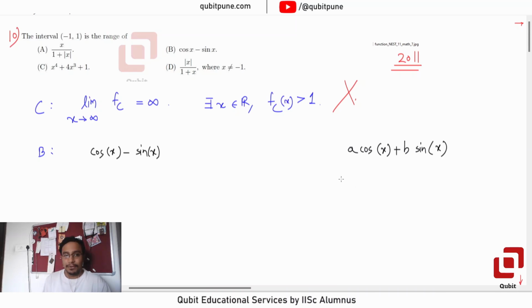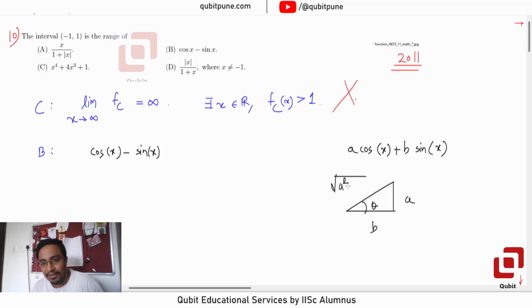Yeah, exactly. So the trick is you square the coefficients of cos x and sin x, add them and then take the root, because you can express it as an acute angle. So here that turns out to be root 2. So you take root 2 outside and then you take 1 by root 2 inside.